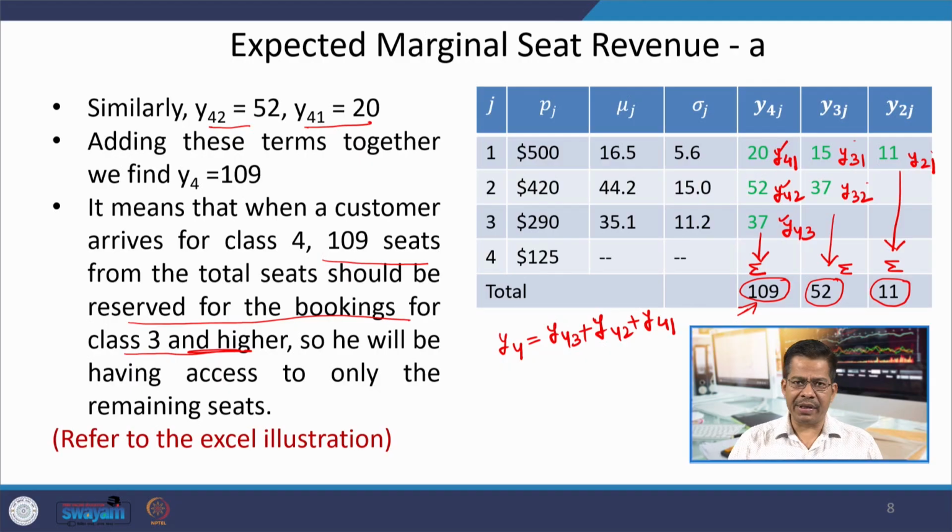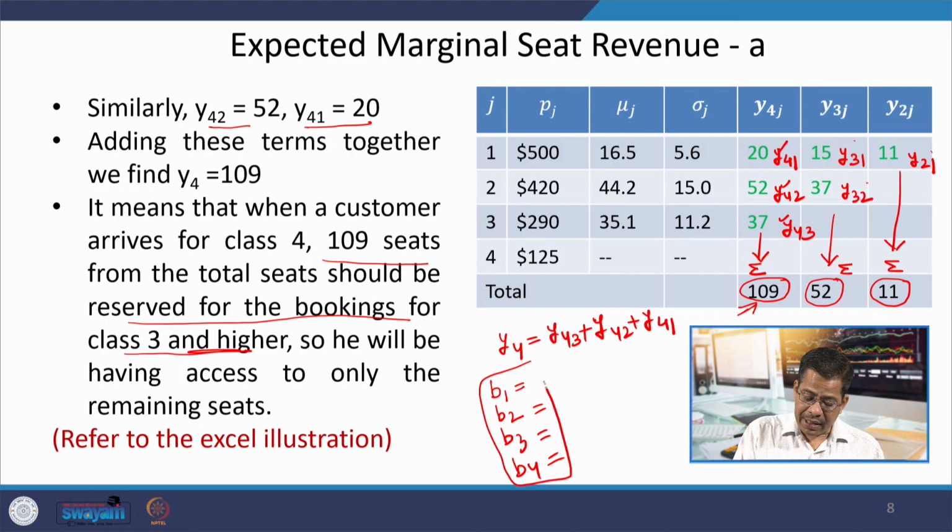It is also interesting if I ask you what is the value of B 1 in this particular case, what is the value of B 2, what is the value of B 3, and what is the value of B 4. That is also an additional question to all of you that you should be able to answer.